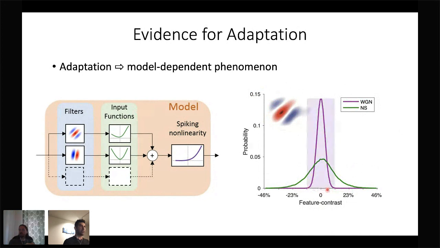For example, this corresponds to the range of feature contrast of this filter on white Gaussian noise images. Now, if I only sample natural scene images that have a feature contrast within this range and use them for receptive field characterization, I can match the range of feature contrast of natural scenes to the range of feature contrast of white Gaussian noise for this filter.